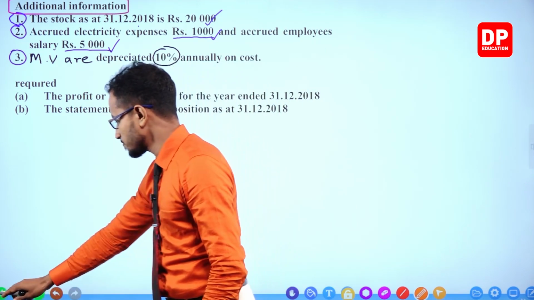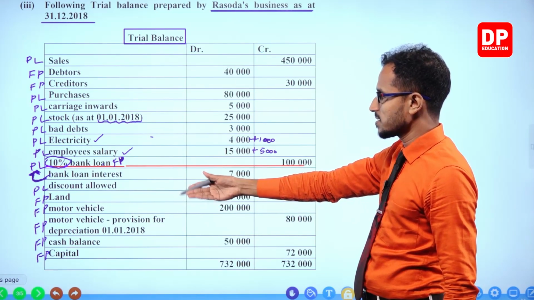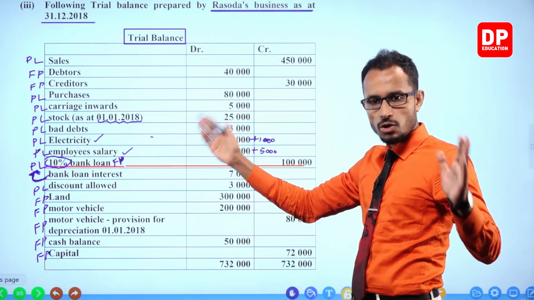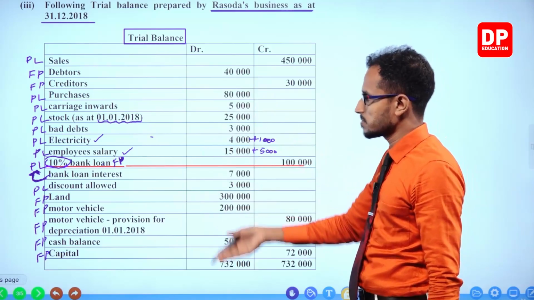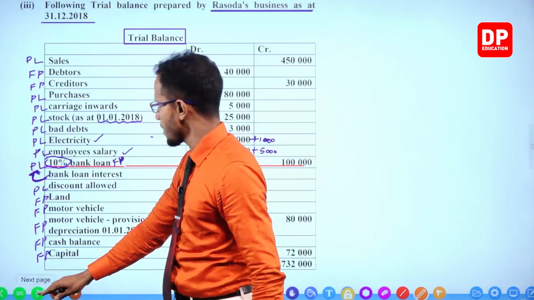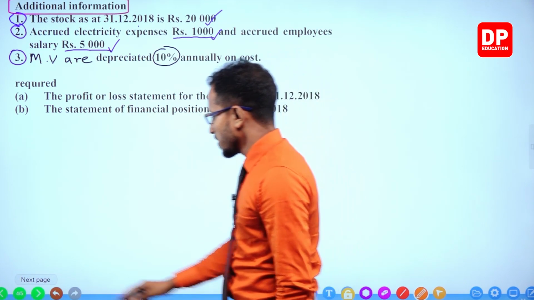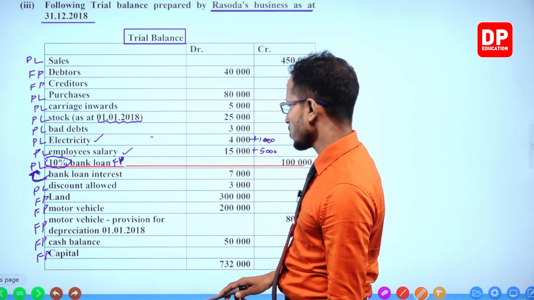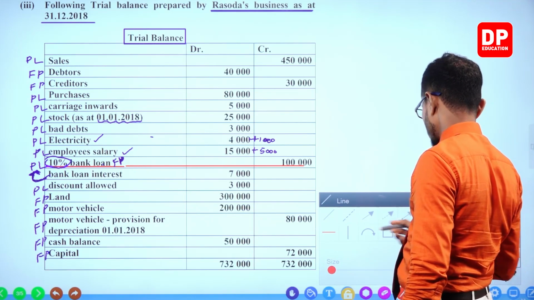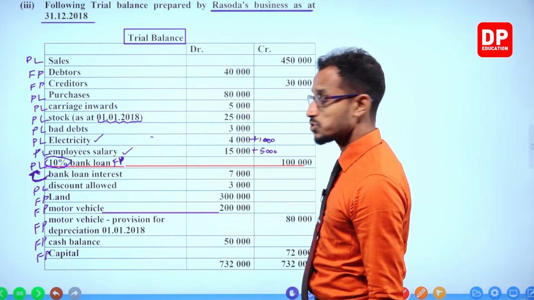Now let's go and see in the trial balance. See, a non-current asset called building is not even given in the trial balance. So let's take motor vehicles. Motor vehicles are here, 200,000.